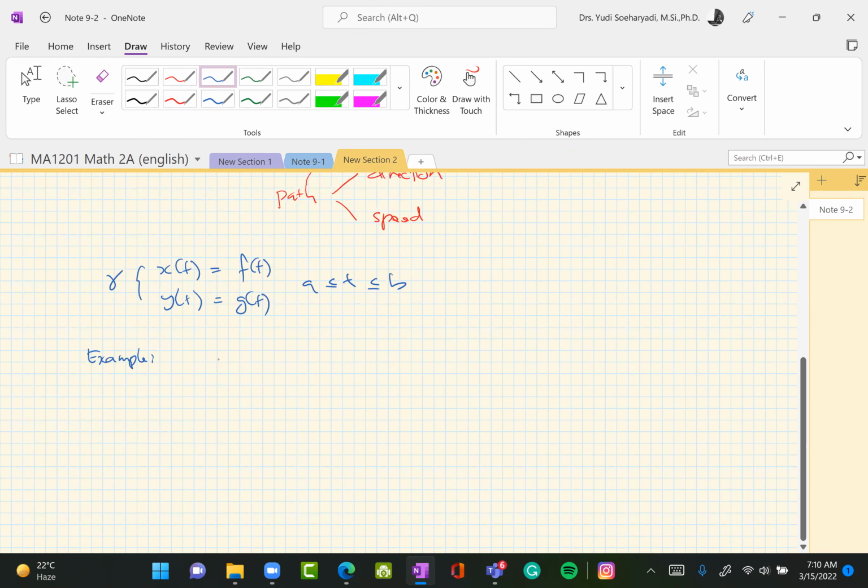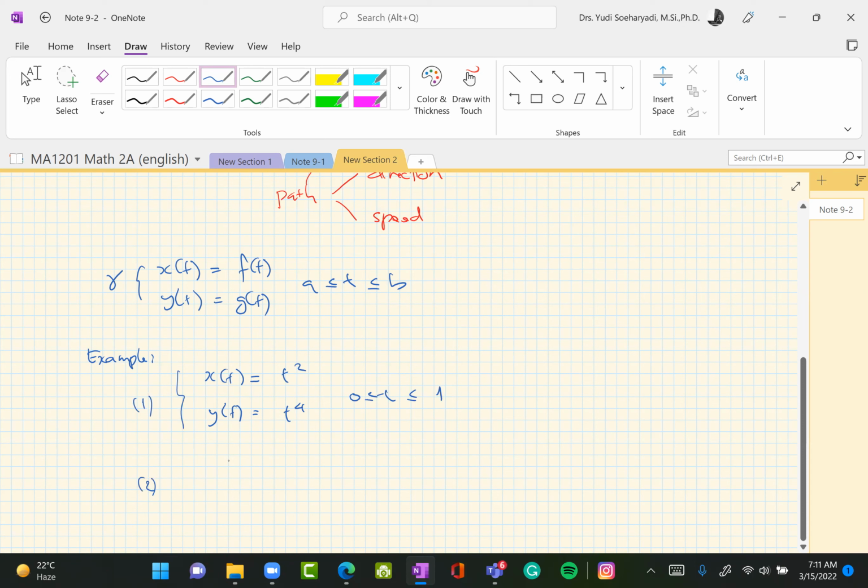For example, the curve gamma is described as x equals t squared, with t, say, from 0 to 1.